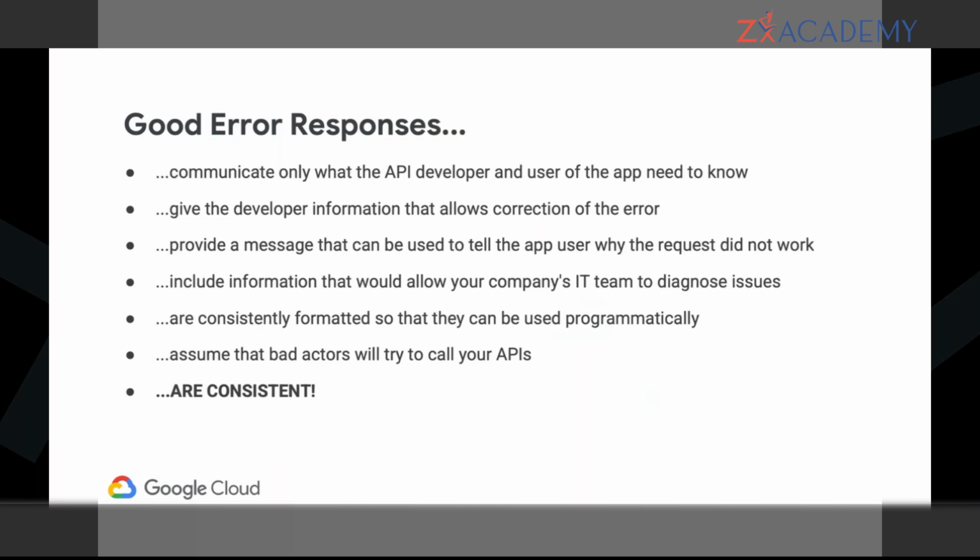If we are consistent, then the consumer can programmatically read it. They can create their parsing logic based on our consistent response format, parse the error message, and showcase it to their end users accordingly.